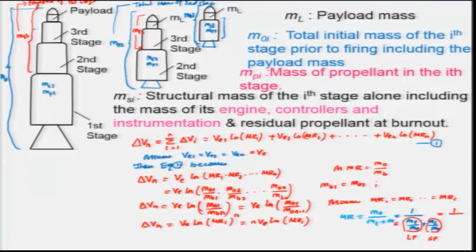So, I can write it as 1 by (L_f plus S_f). Similarly, we can write delta V_n is equal to n V_E ln 1 by (LF_I plus SF_I).